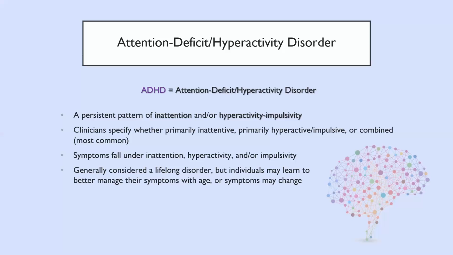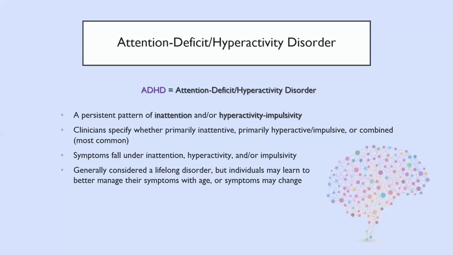Clinicians specify whether the individual is primarily inattentive, primarily hyperactive and impulsive, or a combination of those symptoms, which is most common. As long as you meet the check box for enough symptoms, you are meeting the criteria for this disorder.